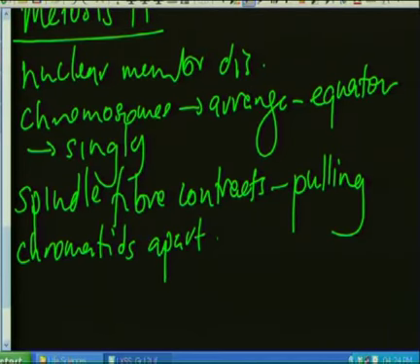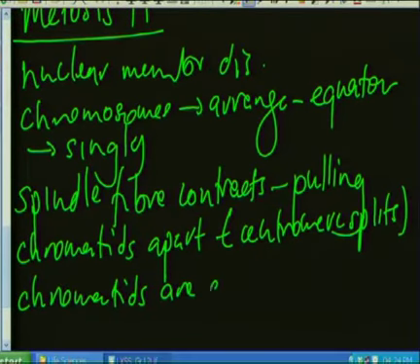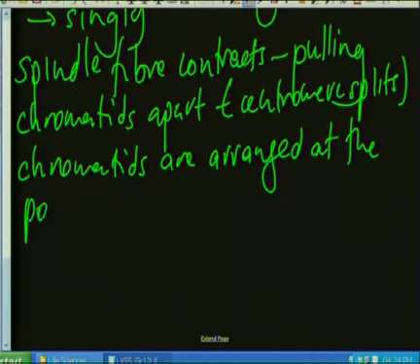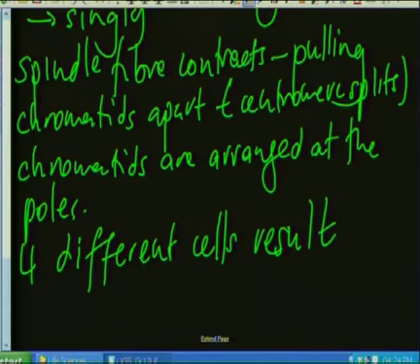And for this to happen, the centromere splits to allow this to happen. At the end, the chromatids are arranged at the poles for different cells to result.